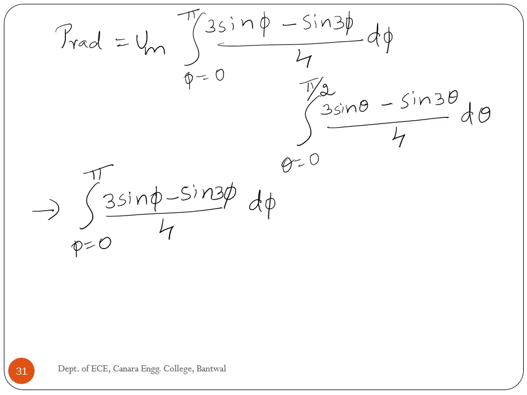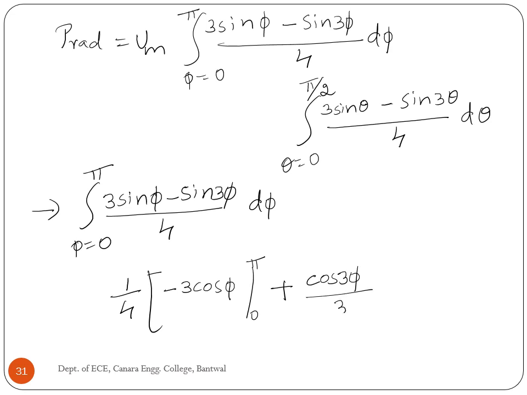So with 3 sin phi, 1 by 4, minus 3 cos phi, limit 0 to pi, plus minus plus sin 3 phi is minus cos 3 phi divided by 3, with the limit 0 to pi.